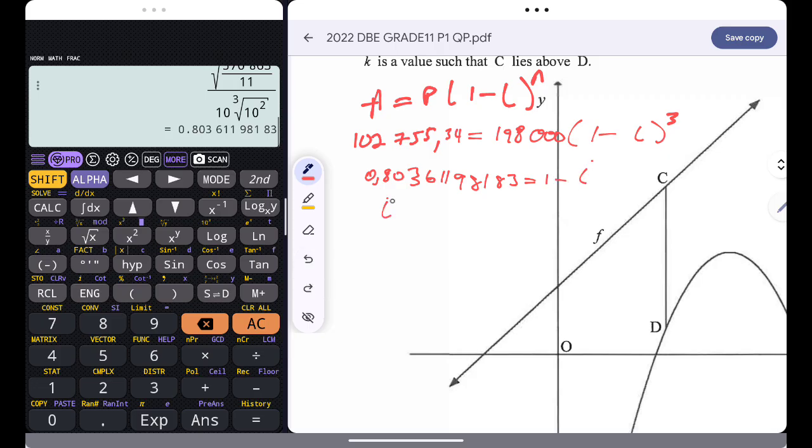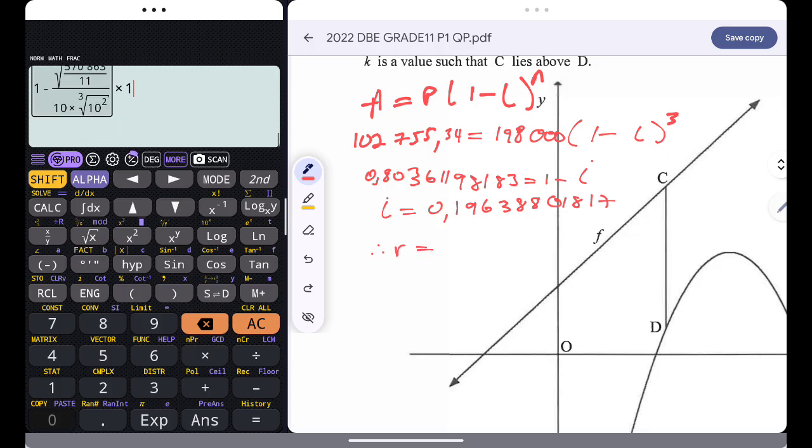Then I'll take the i to the other side. I'll have 1 minus the answer. This will give me i as 0.19638801817. So therefore for the value of R, I'll just multiply i by 100.